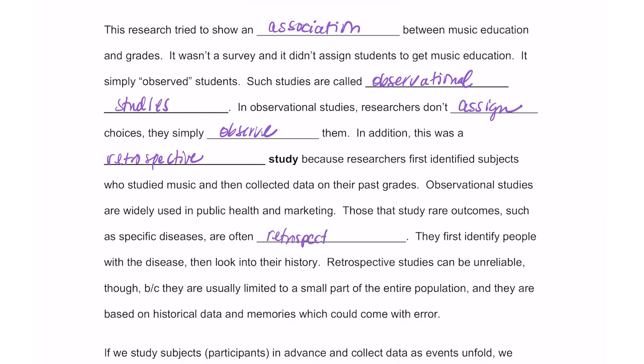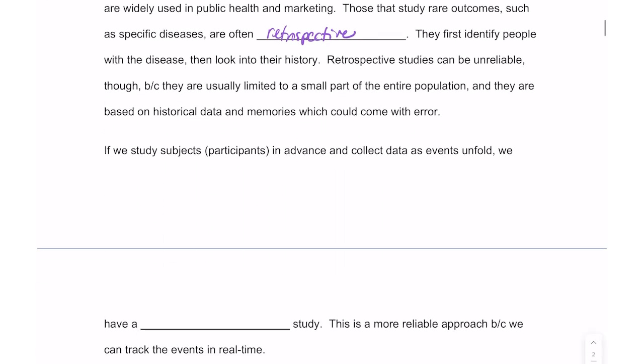So they pull data of patients and they study that data. Retrospective studies can be unreliable though, because they're usually limited to a small part of the entire population, and they're also based on historical data and memories, which could also come with error.